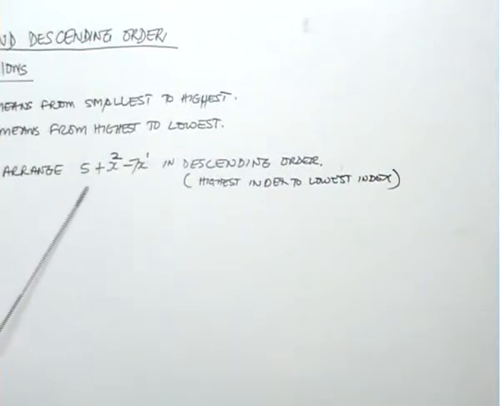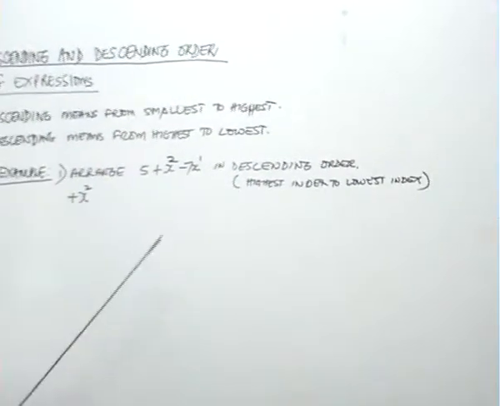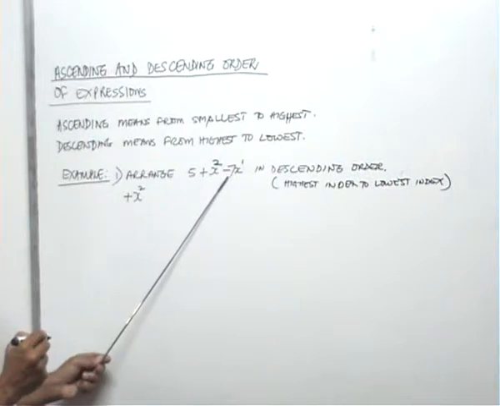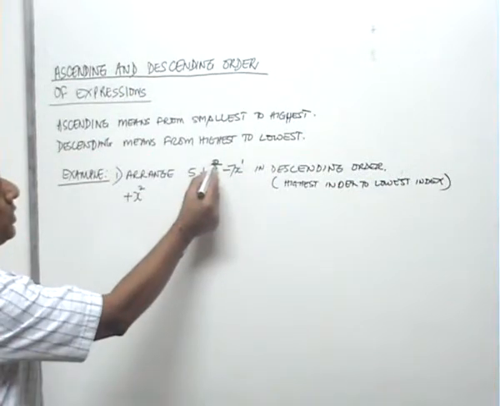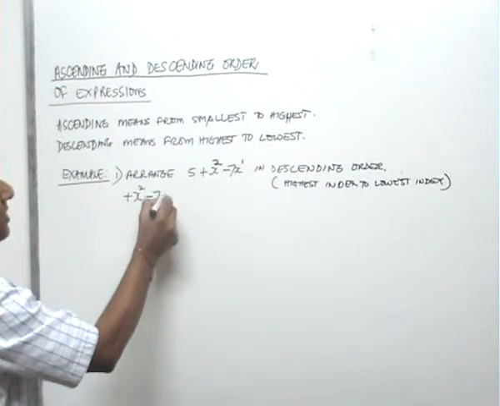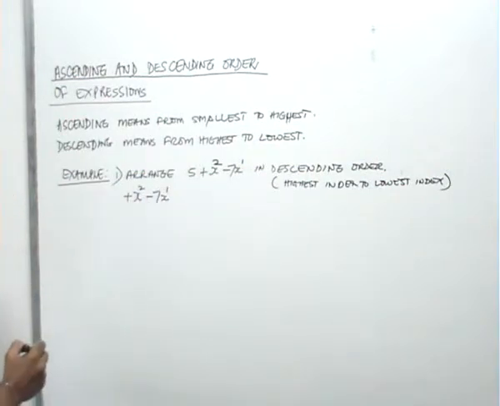So when we study this expression, the highest index is x squared. So you write plus x squared first. Then you must write the term with the next index in order. So 2 is here. So the next index is x to the 1, minus 7x to the 1.